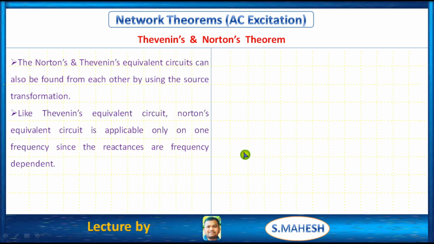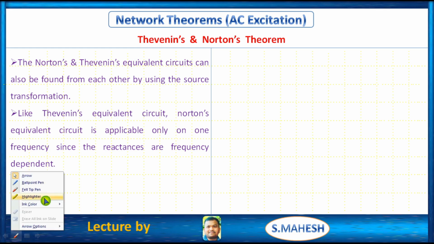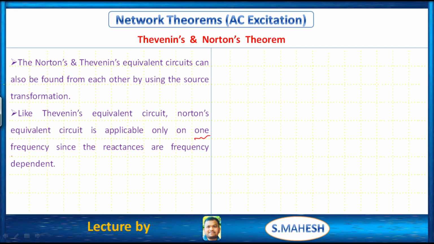Next, the Norton's and Thevenin's equivalent circuits can also be found from each other by using the source transformation technique. Like Thevenin's equivalent circuit, Norton's equivalent circuit is applicable only at one frequency, since the reactances are frequency dependent. Only one frequency. This is a very important observation. Now we have to discuss some problems.